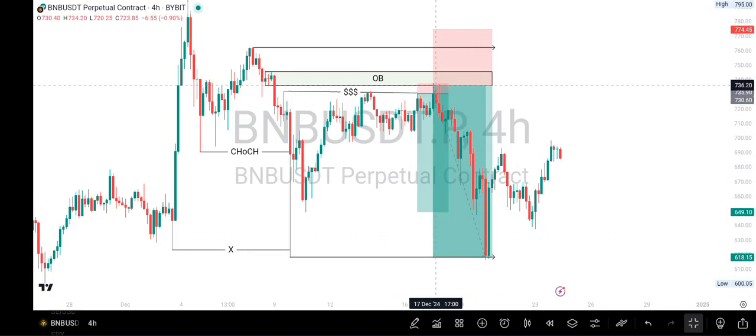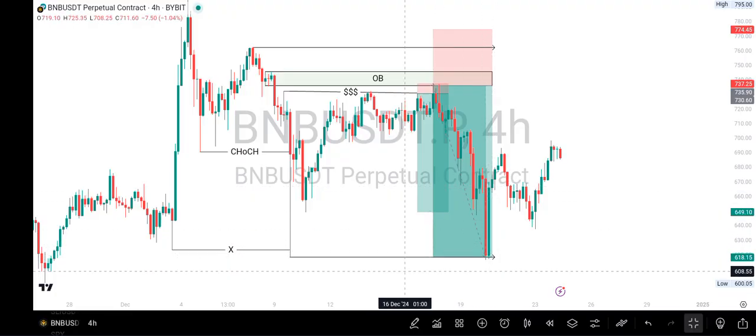Because the market absorbed so much liquidity from the stop losses of those breakout traders, candlestick pattern traders. So it collected enough liquidity, and the market moves based on liquidity. After collecting enough liquidity from their stop losses, it started trading downwards to the downside.